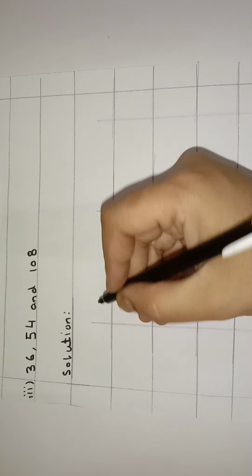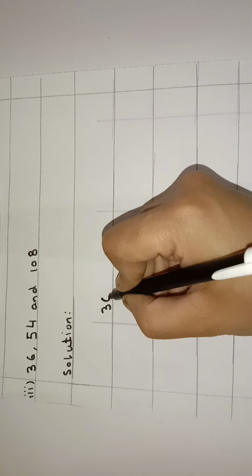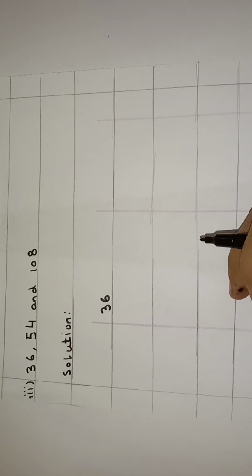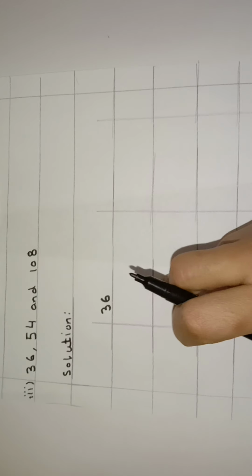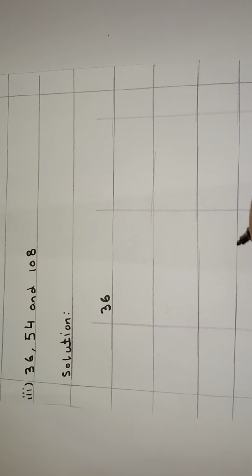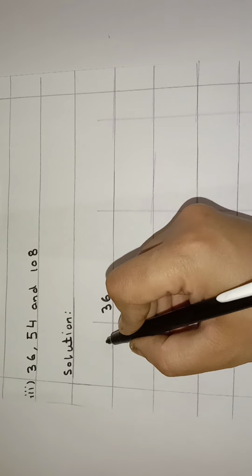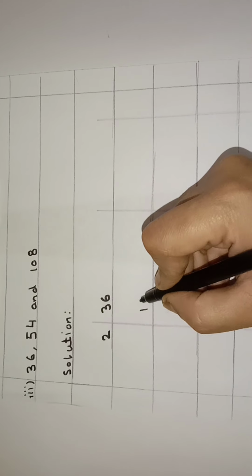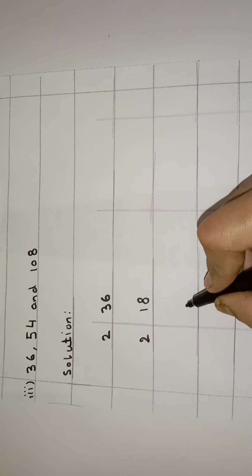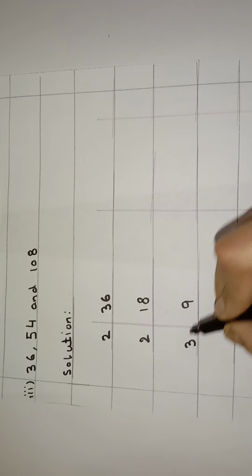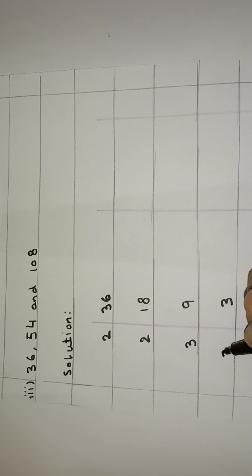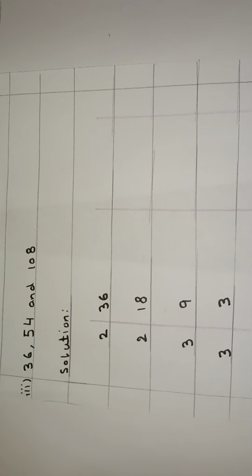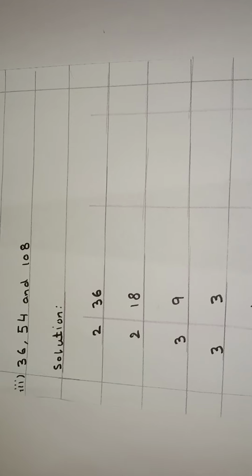I am doing them combined in a single line, but you have to follow the pattern which I followed in part number 1. You will find the prime factors of 36, then the prime factors of 54. I am doing it in a single line so that I can explain better. Start with the 2 table. 2 ones are 2, 2 eights are 16, 2 nines are 18, 3 threes are 9, 3 ones are 3. Now factors of 54.